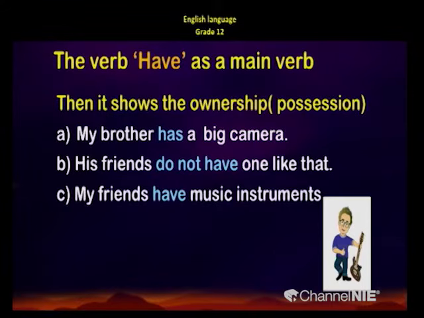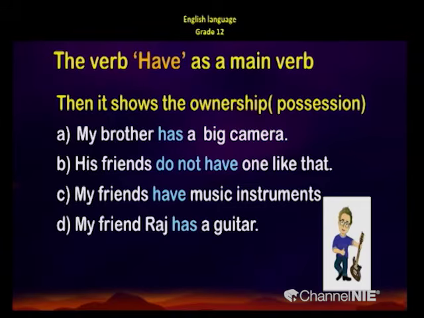My friends have music instruments. My friend Raju has a guitar. There we are talking about what he owns, what he has. So when we use the verb have as a main verb, it explains what a person possesses or owns. I think the idea is clear to you.